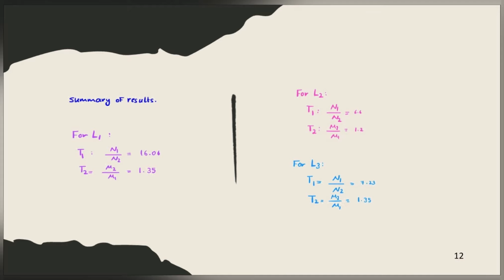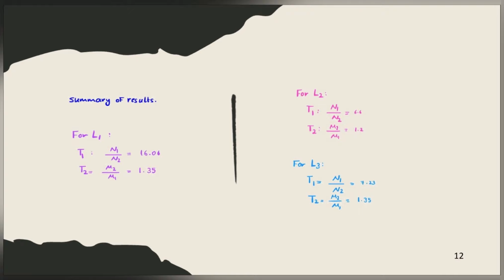The summary of our results: for load 1, T1 equals 16.06 and T2 equals 1.35. For load 2, T1 equals 6.6 and T2 equals 1.2. For load 3, T1 equals 7.23 and T2 equals 1.35.